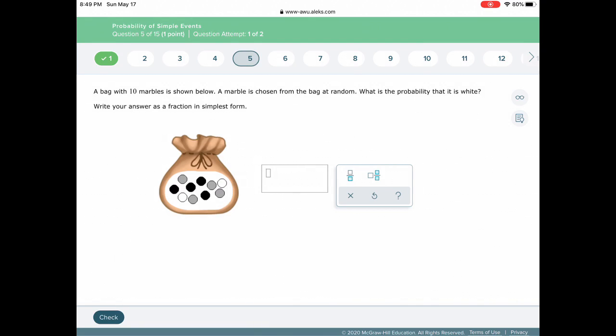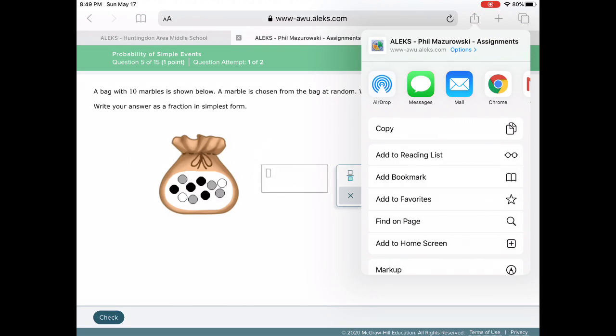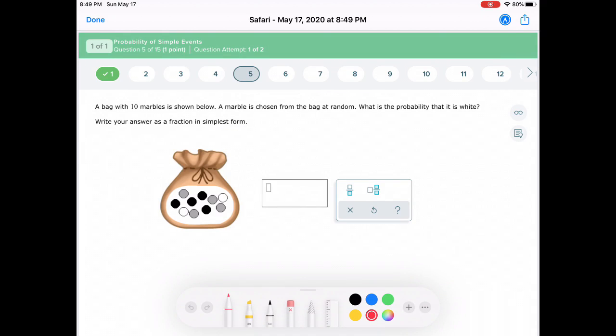So now we have a bag with marbles. There are different colored marbles: some gray marbles, some black marbles, some white marbles. And now we're actually looking at what is the probability. In order to find the probability, we have to look at the sample space, how many items there are in the sample space.